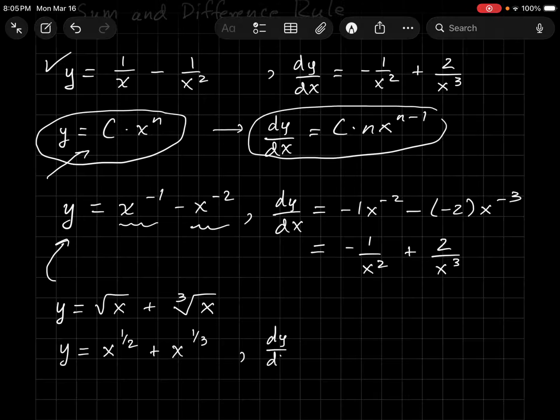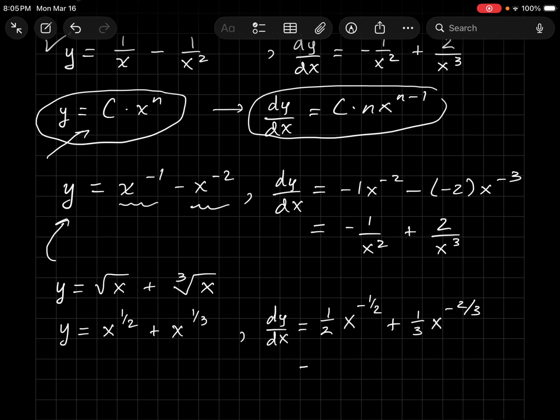Then I can get the derivative using my power rule, which gives me 1/2, bringing the power down, subtracting 1 to get to the new power, plus 1/3, bringing the power down, subtracting 1 to get to the new power. Now this is fine as is, but I will often write this first part as 1/2 root x. And I could rewrite this back part, but I rarely use radicals unless I just have a square root.